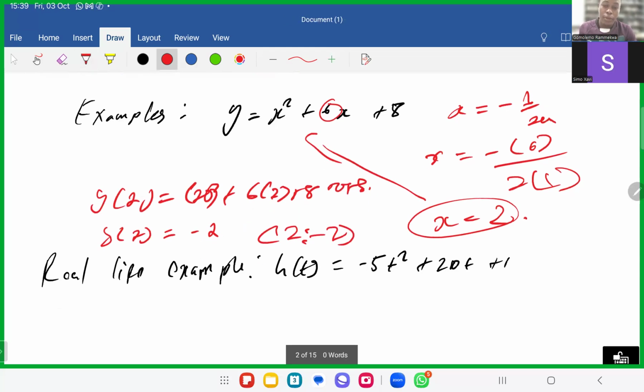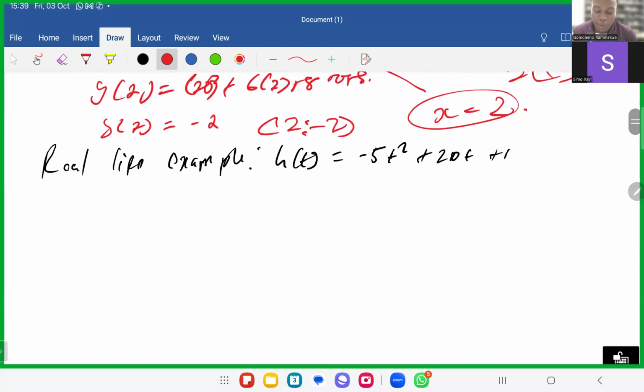So now, a real life example. We have a ball's height that is modeled by h(t) is equal to minus 5t squared plus 20t plus 1.